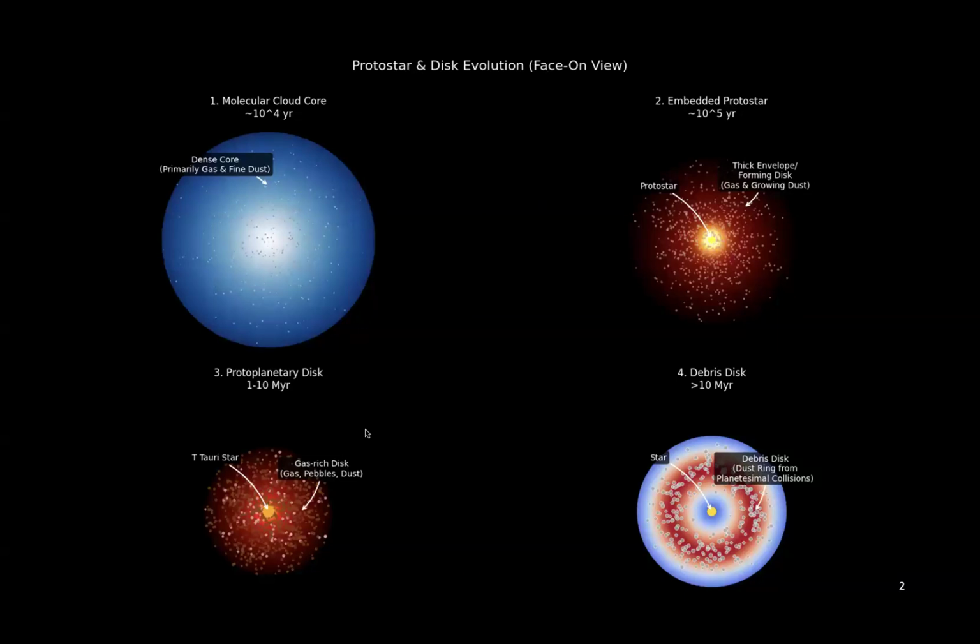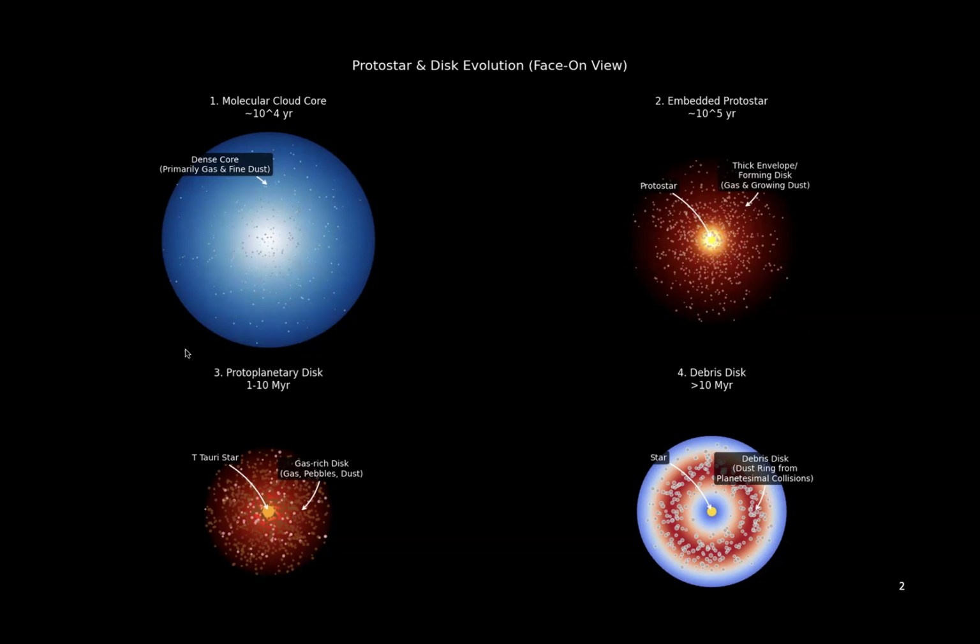What is a protoplanetary disk? You have clouds inside the universe, and sometimes the instability will cause the collapse, and some dust will accumulate and form a central primary body, and we can produce a protostar. This stage takes about 10 to 5 years to produce the embedded protostar.